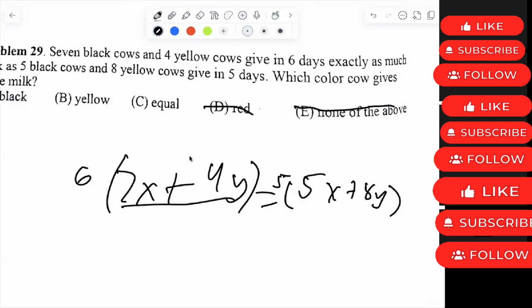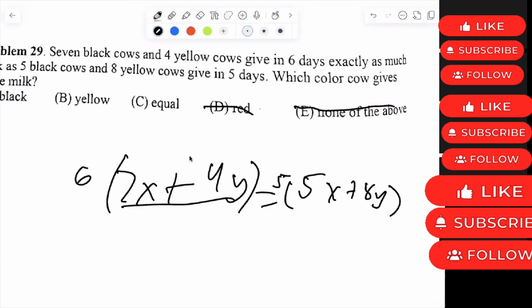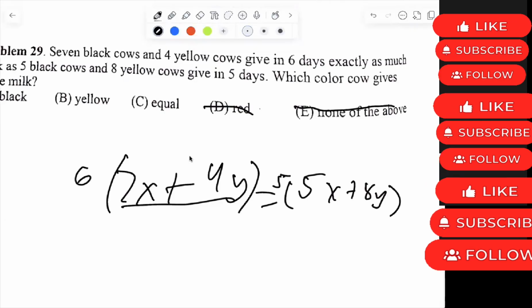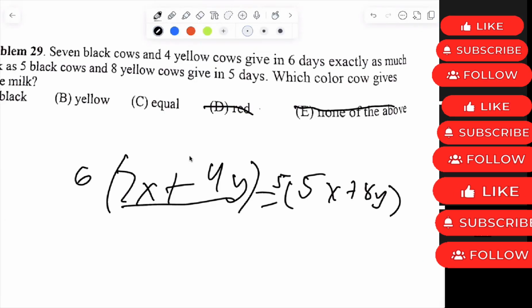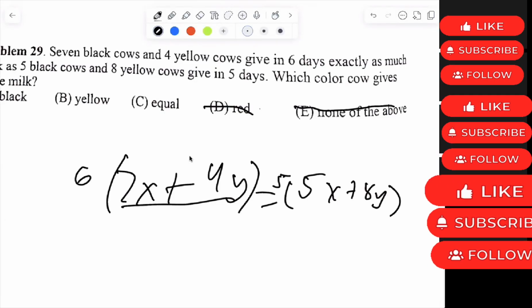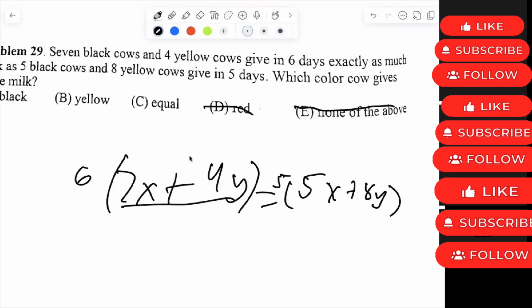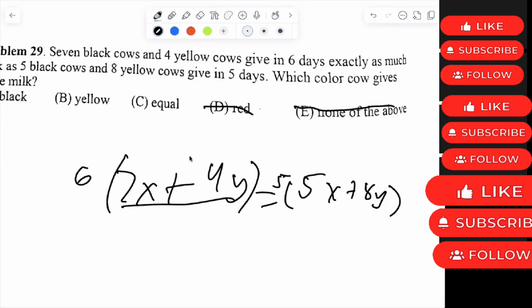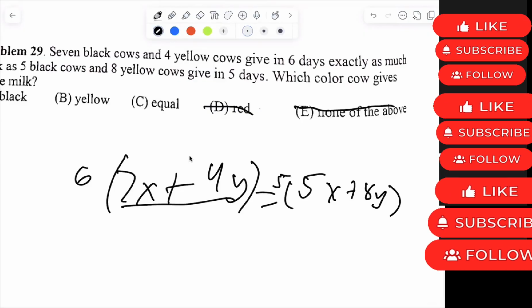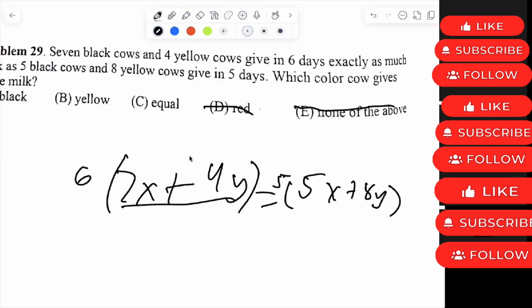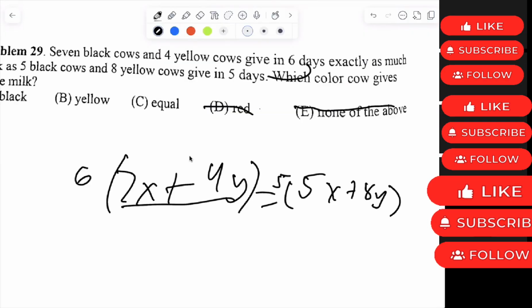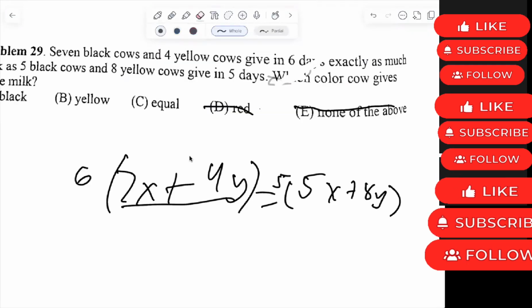So we have to multiply by 6, not divide by 6. Dividing by 6 is the ratio. If the ratio between days is the same, then the 5 days should be 6 days instead. Because the ratio is not even, it means that 7 black cows and 4 yellow cows will give more milk for these days. So I have more, not exactly the same.